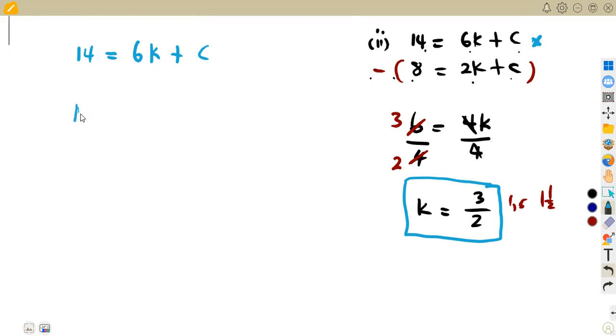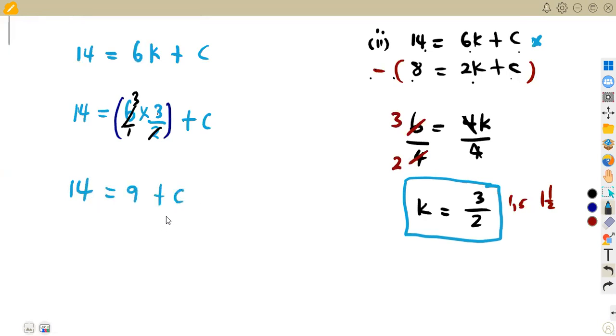So 14 is going to be equal to 6 times k, where k is 3 over 2. So we're going to multiply 3 over 2, then plus c. So what are we going to have at the end? If we simplify 2 into 6, that is 3, because 6 is the same as 6 over 1. So we're going to have 3 times 3, which is going to give us a 9. So that means 14 is equal to 9 plus c.